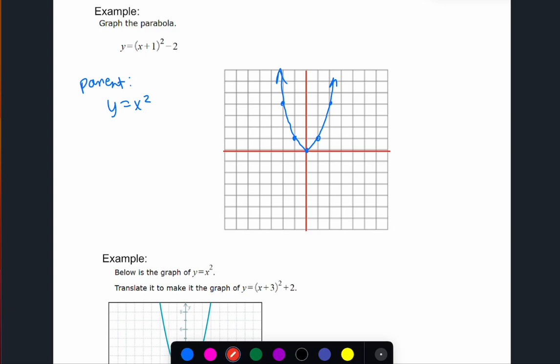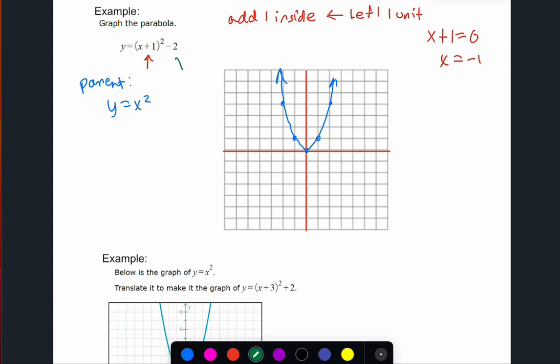So what's going to happen is that addition on the inside is going to move everything to the left 1 unit. Now, if you're unsure about what's happening, all you got to do is set x plus 1 equal to 0 to see where the vertex or the center has gone. It has now gone to -1.